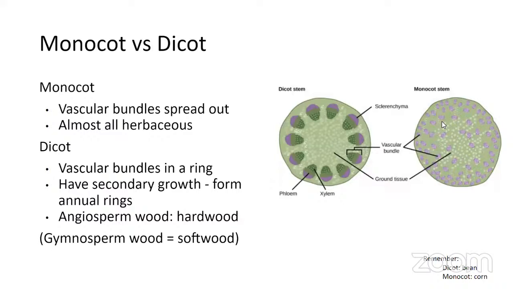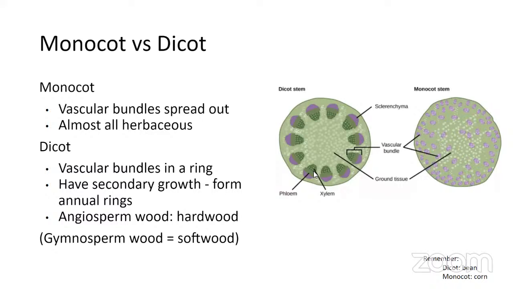We can also cut apart monocot and dicot stems. What we would be looking at if we do that are the vascular bundles. In this image, we have our vascular bundles, including both xylem and phloem.